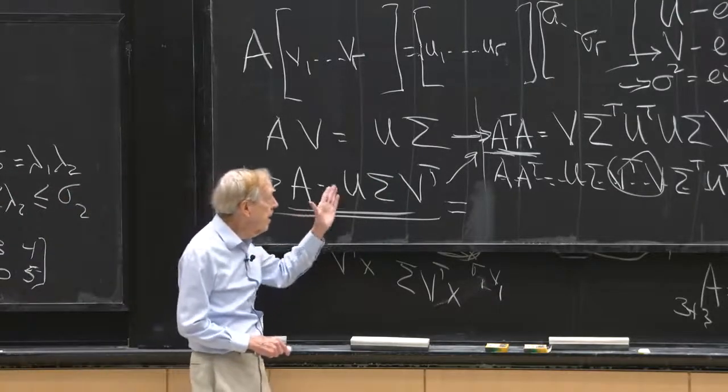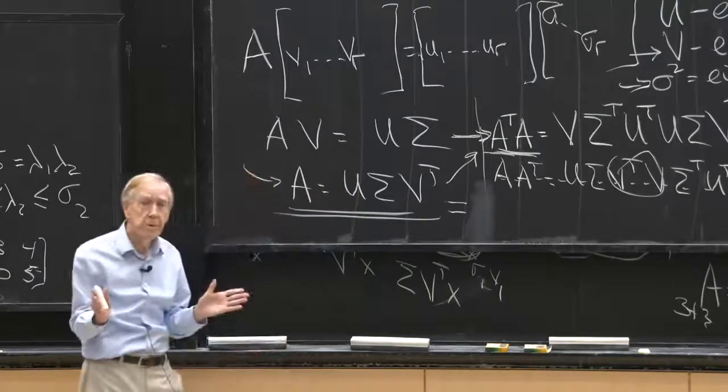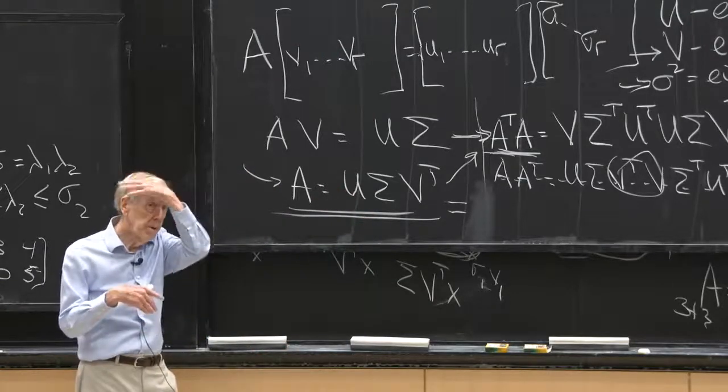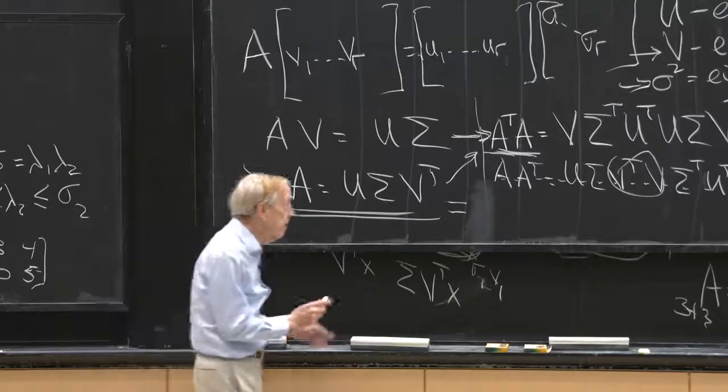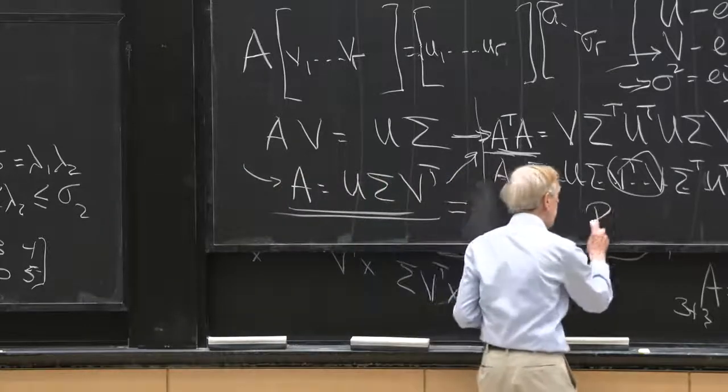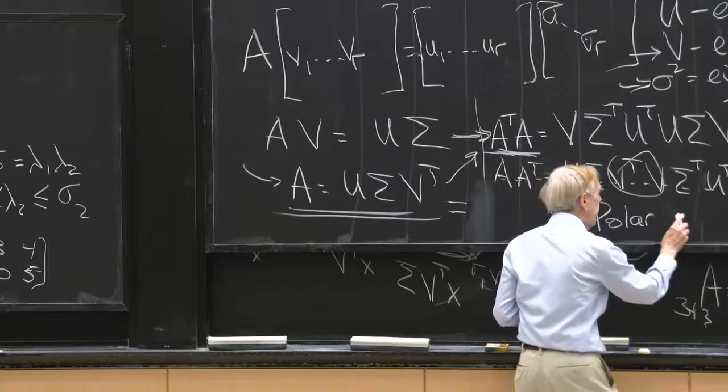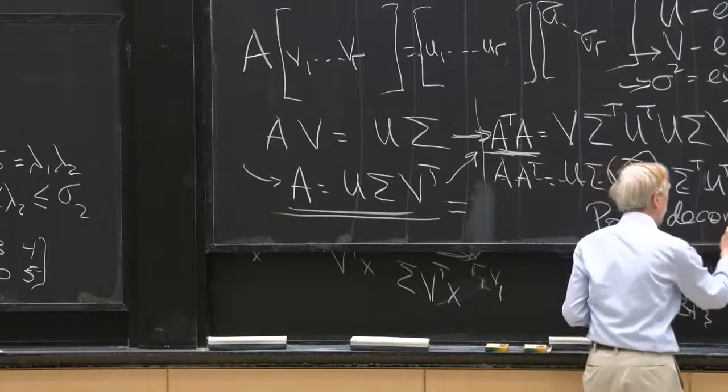So this is A equals U sigma V transpose. We've got that. Now the other one that I'm thinking of, I'll tell you its name. It's called the polar decomposition of a matrix.